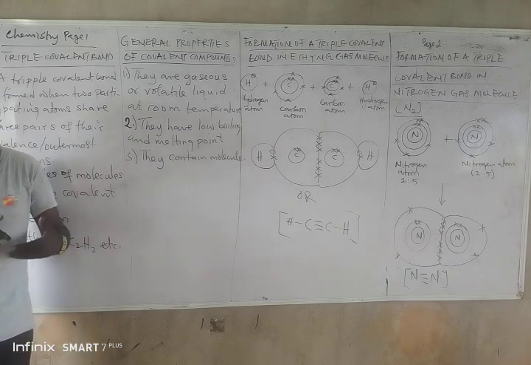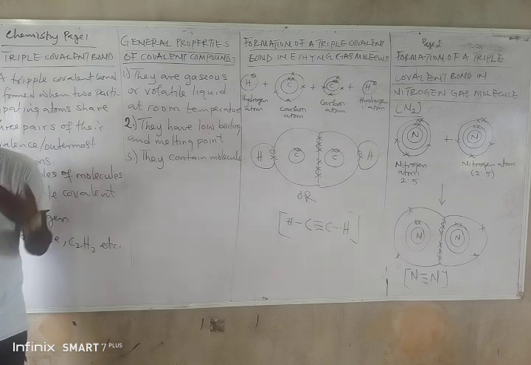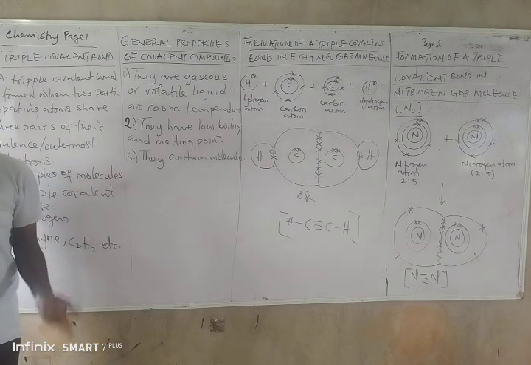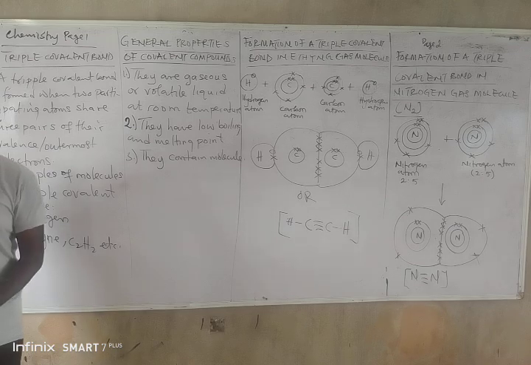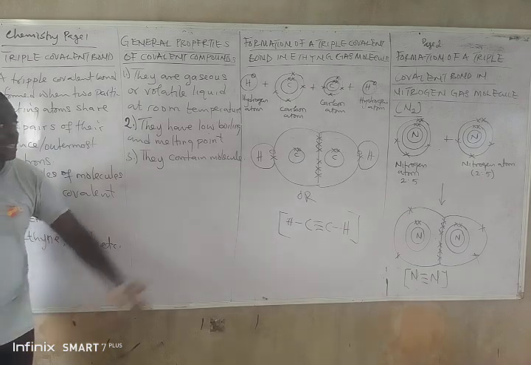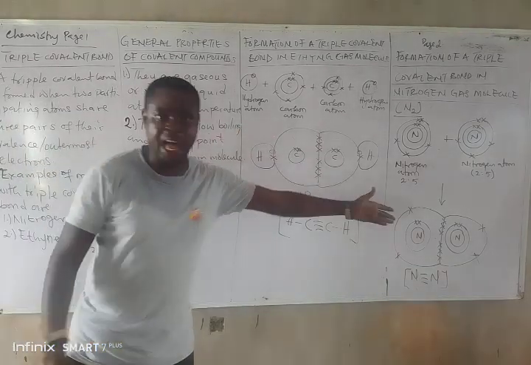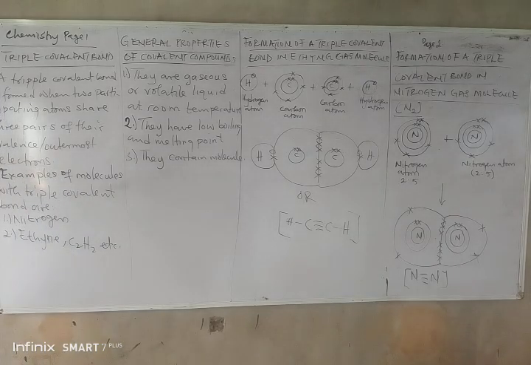It can happen between the atom of one element and the atom of the same element. In electrovalent, it cannot be like that. You have a metal and a non-metal, which are atoms of different elements. Like in nitrogen, nitrogen and nitrogen are atoms of the same element, so they form a molecule of nitrogen gas. So they can contain molecules.